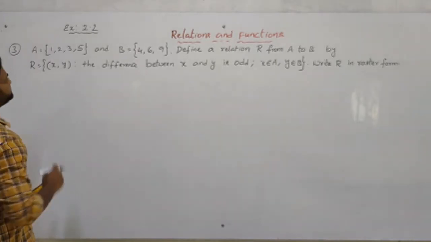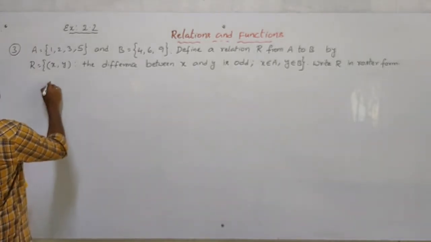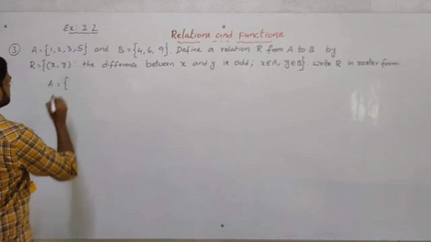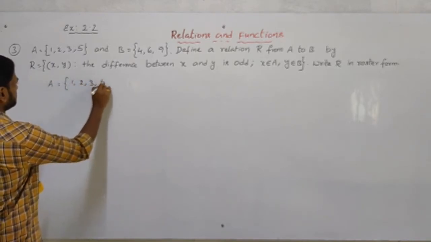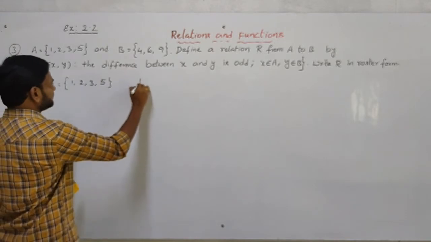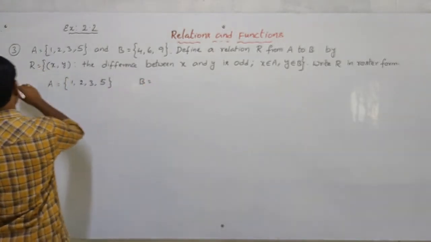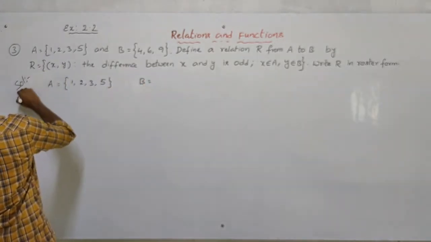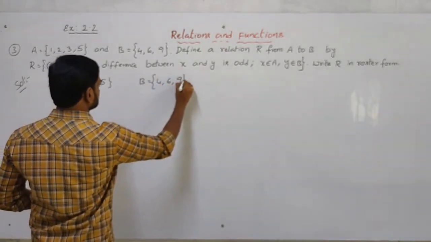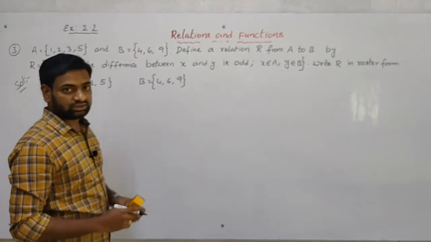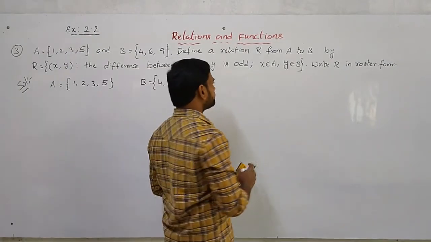Now see here. First, capital A is 1, 2, 3, 5, and capital B is 4, 6, 9. Now here, observe one thing.